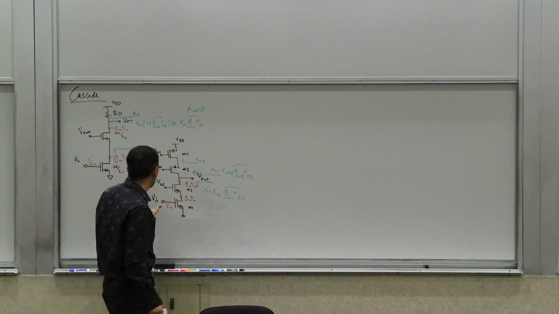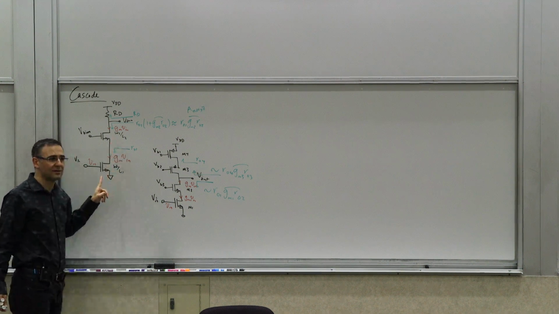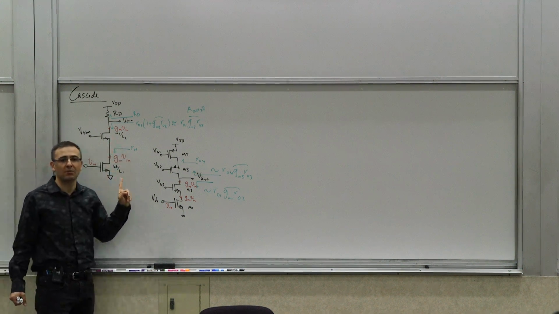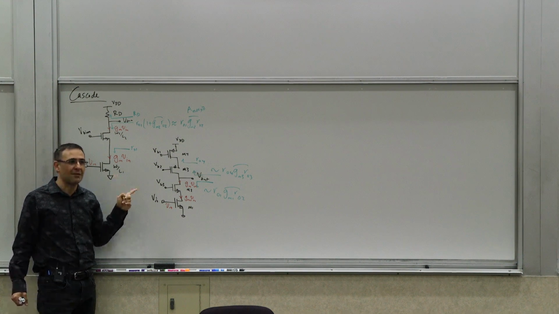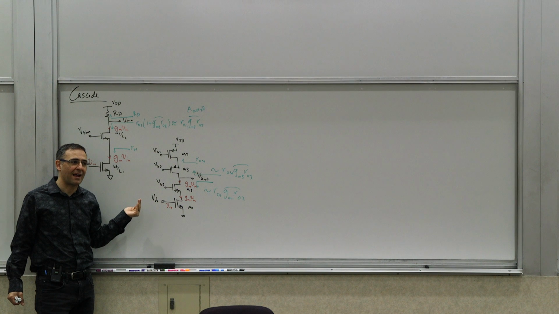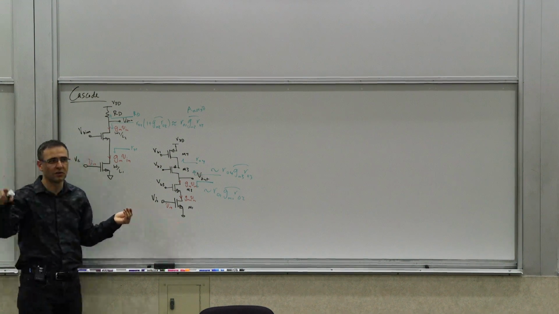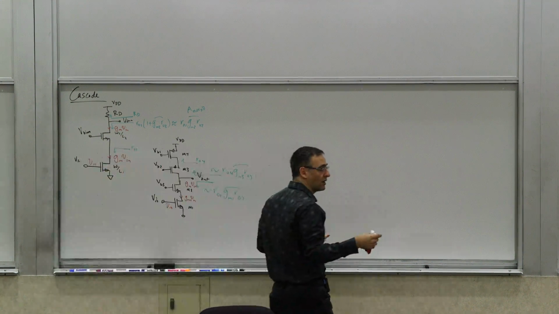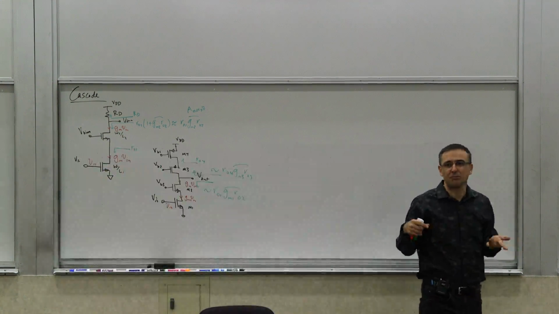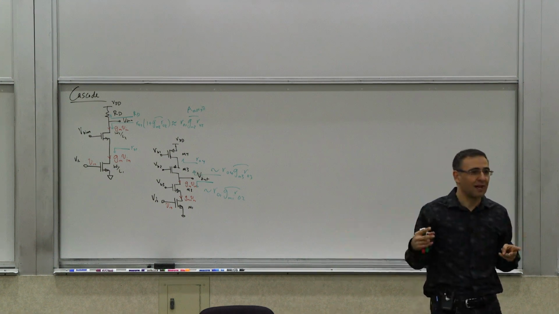But in a MOSFET, that's not necessarily the case because they can have different W over Ls. You can see that there are more knobs in MOSFET design, because W and L are parameters of the design. In both expressions that we had for the GM of the MOSFET, both in terms of current, which was the square root of 2 mu n C ox W over L ID, or in the voltage format, which is basically mu n C ox W over L times VGS minus VT, both of them had W over L in them.